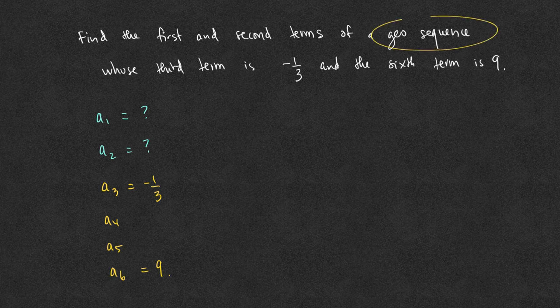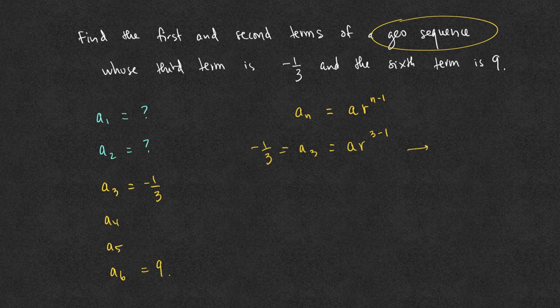Knowing that this is a geometric sequence, we know that the nth term has a formula a sub n equals a r to the n minus 1. The fact that a sub 3 equals -1/3 means if we plugged in n equal 3 into the general formula, we will get -1/3.